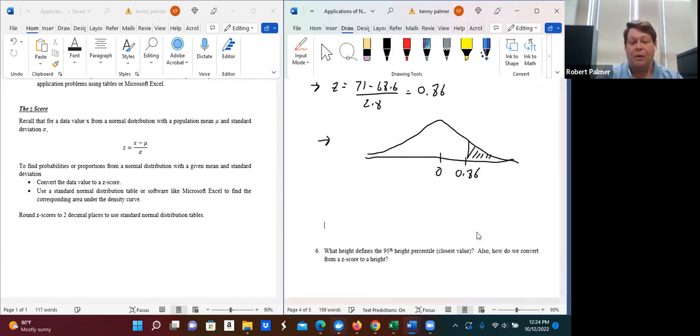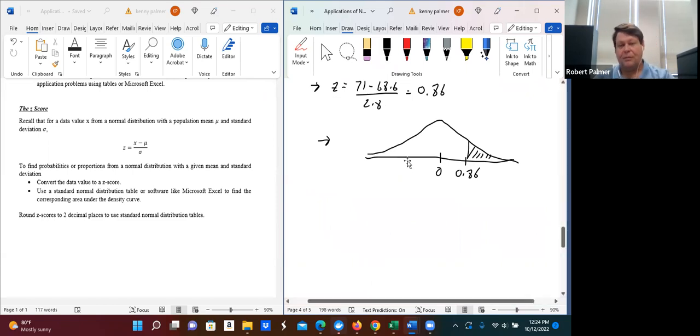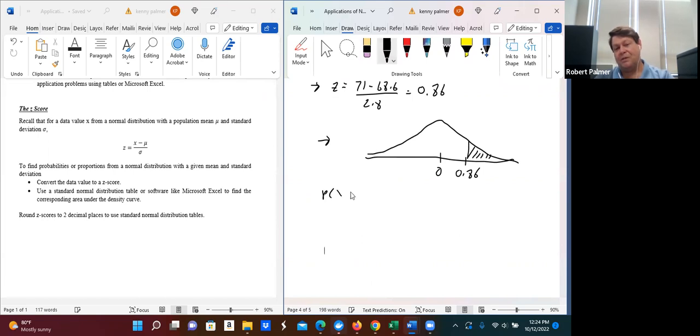Okay, now we've learned how to do that. The probability that X is greater than 71 is the same as the probability that Z is greater than 0.86. And we learned that Excel and tables don't give us that directly, so we need to subtract from 1 the area to the left. So this is 1 minus the probability that Z is less than 0.86.